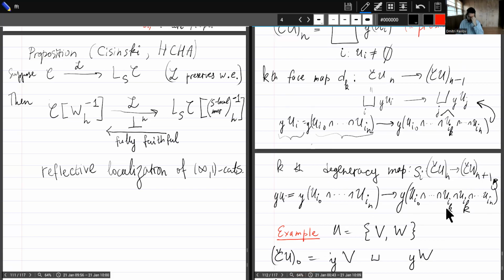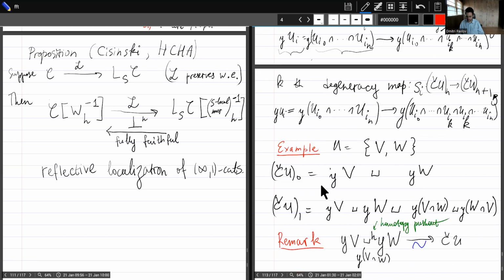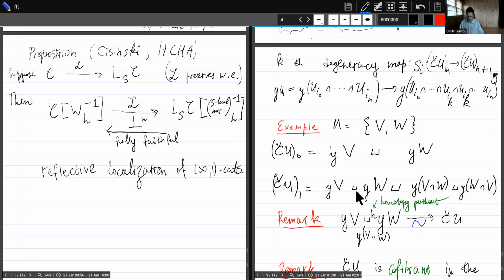So just to give you an example, if you have an open cover with two elements, say V and W, then I'm going to see the disjoint union of representable pre-sheaves of V and W in degree 0. And in degree 1, I'm going to see a disjoint union of 4 terms. The first two will be simply the degeneration of the zero simplices. And there will be two more corresponding to the other two possible intersections, V and W, and W and V.